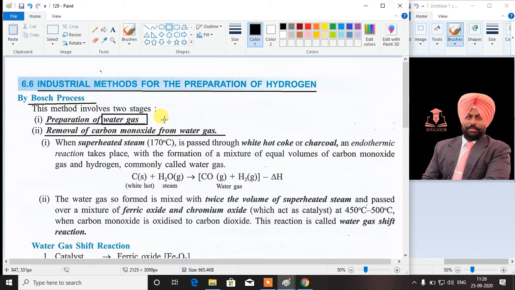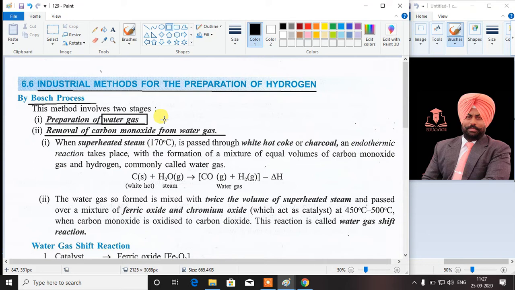The special character is that both gases should be in equal quantities. When the mixture of carbon monoxide and hydrogen gas is taken in equal quantities, then the combination of these two gases is called water gas.